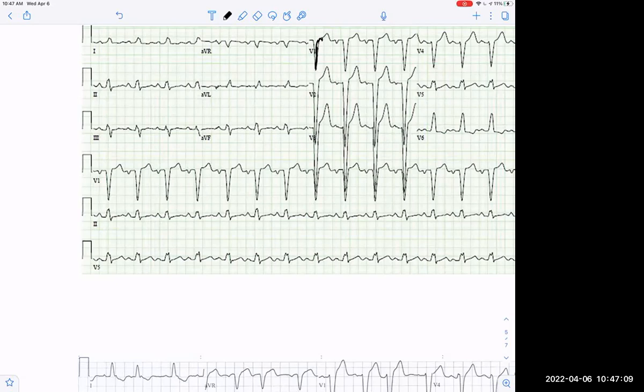There's a lot that's significant about this particular EKG. One of the pathologies that really stands out is what? So think about this. You have a left bundle branch block, and that makes sense because what else is going on in this EKG?